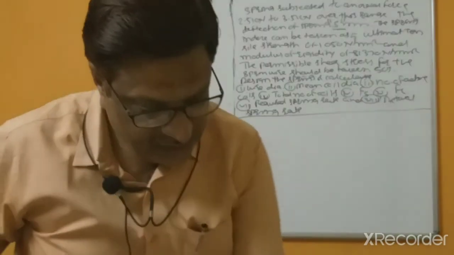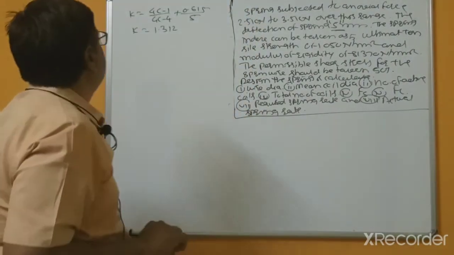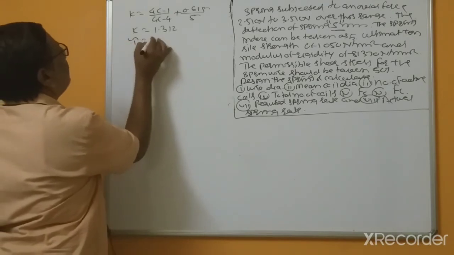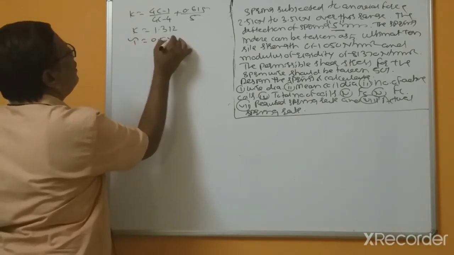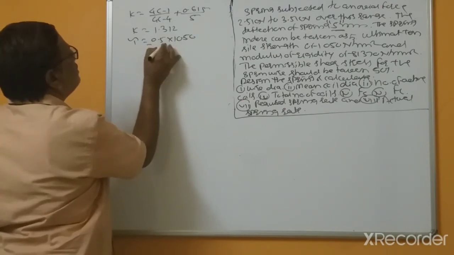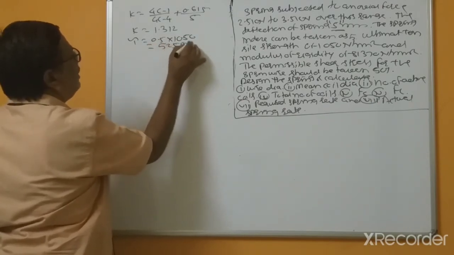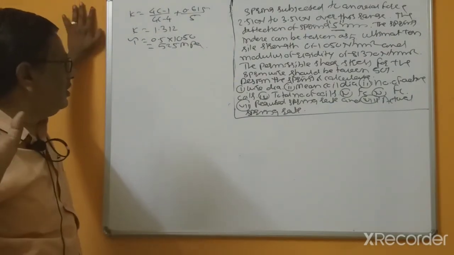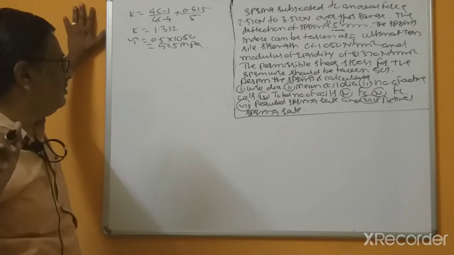Tau equal to 0.5 into 1050, that's why this is 525 megapascals. Because of limitations about the space, I will solve these problems very shortly.